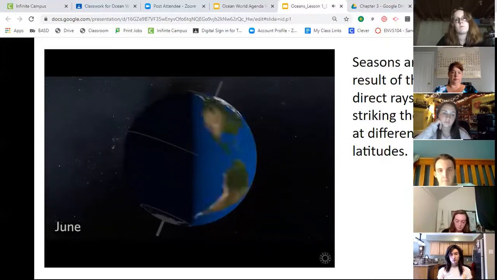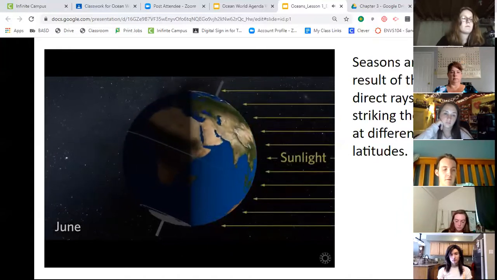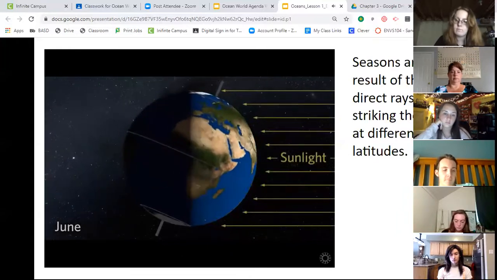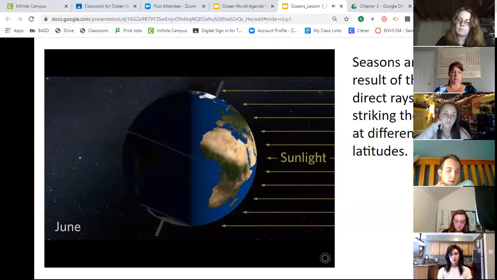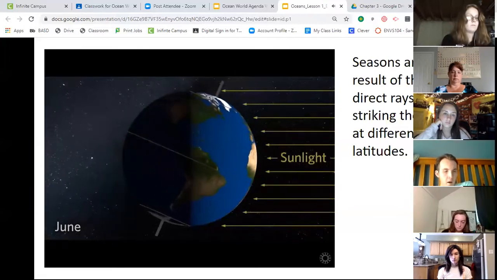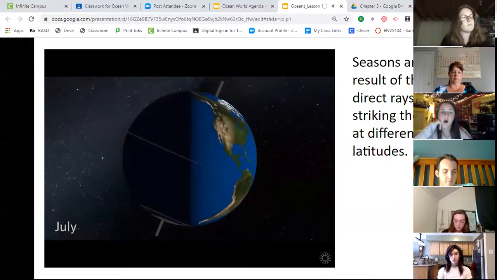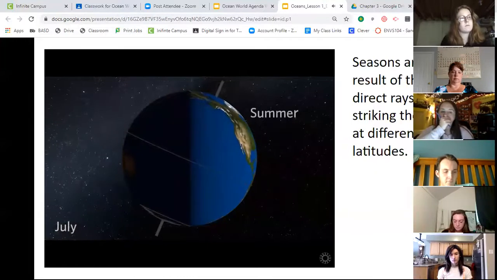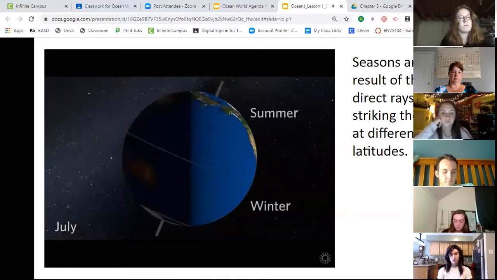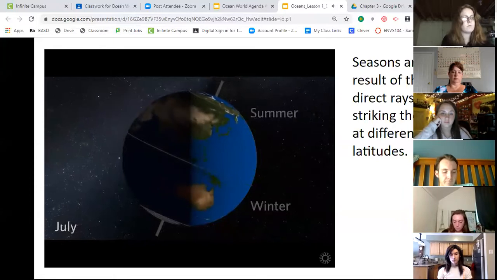The North Pole is tipping toward the sun. Sunlight strikes the northern hemisphere more directly, and the sun stays in the sky for a longer time. Compared to winter, summer days are warmer, and the sun stays in the sky much longer. Notice, too, that while it's summer in the northern hemisphere, it's winter in the southern hemisphere. Because of Earth's tilt, the seasons are reversed.